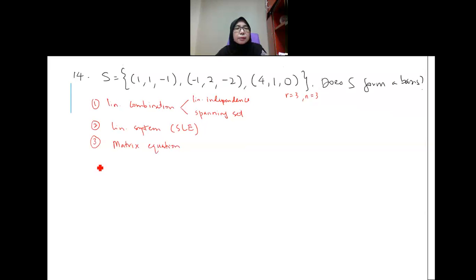Then last step, find the determinant of A. Right? If it is a basis, S is a basis.